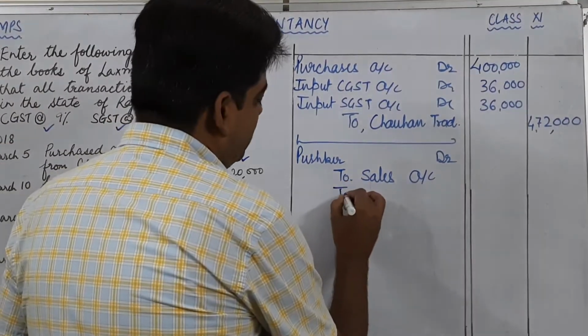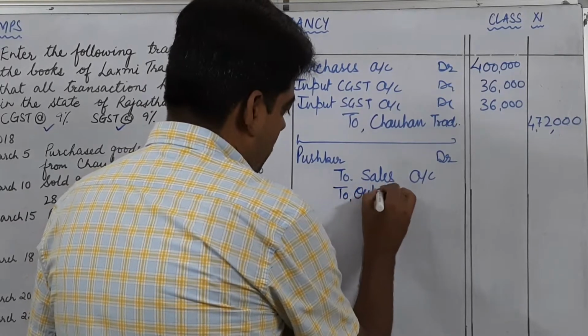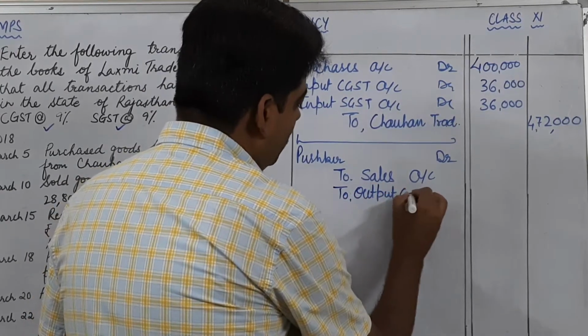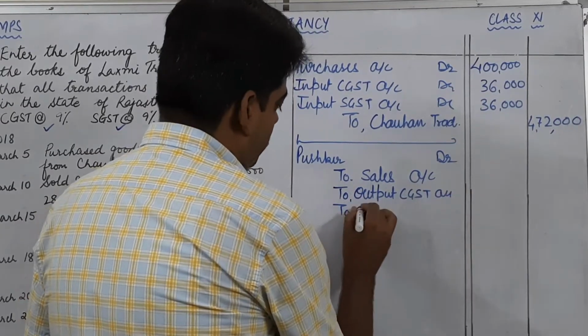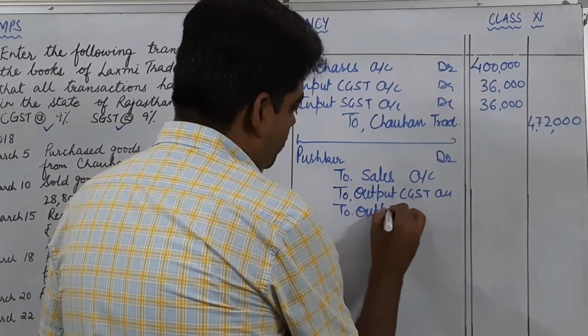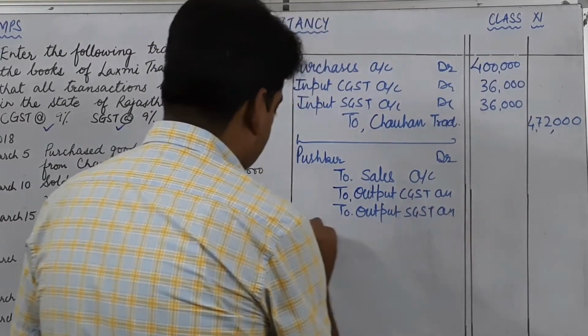So output CGST and output SGST will also be credited to output CGST account and to output SGST account.